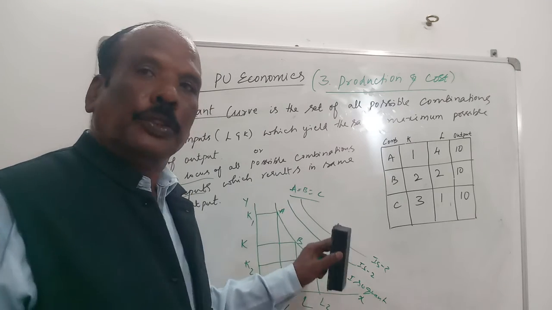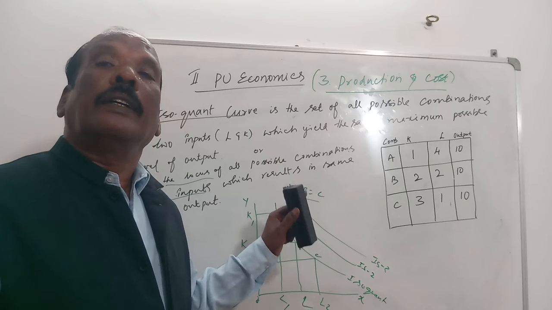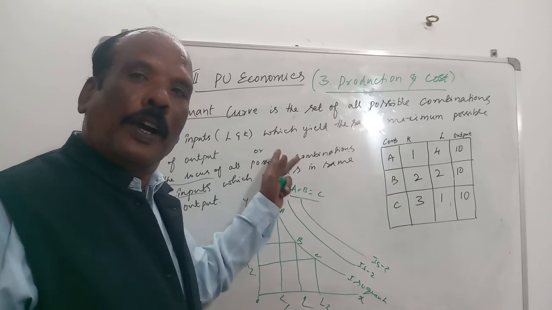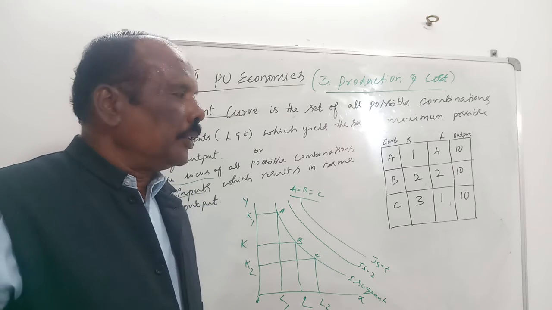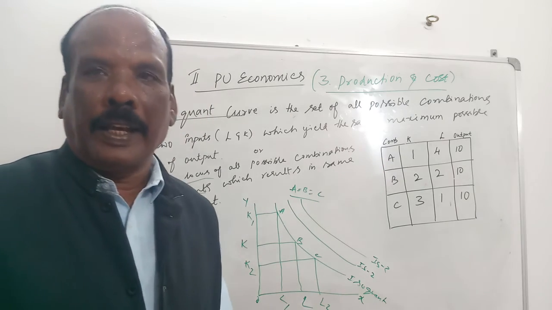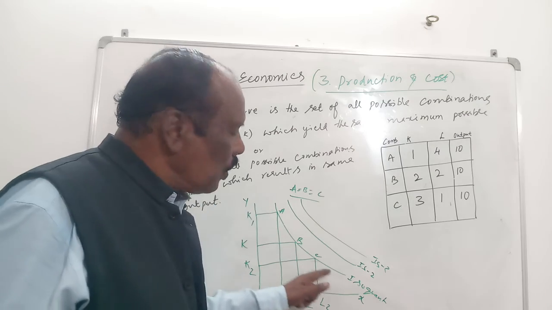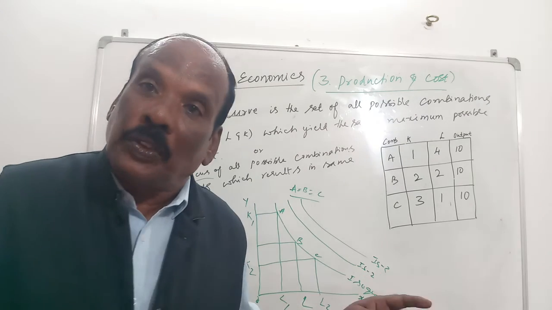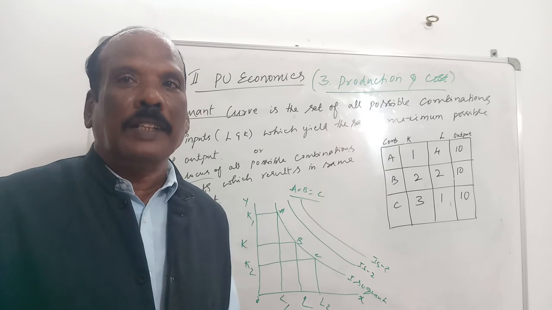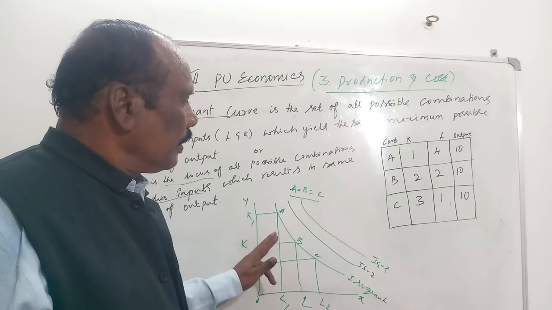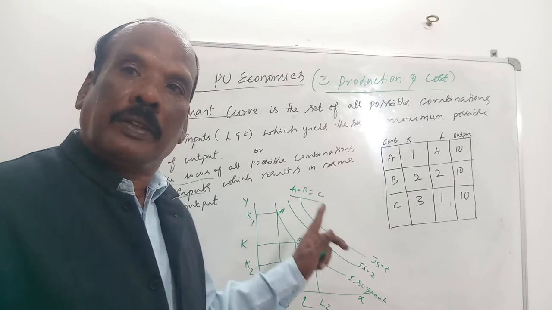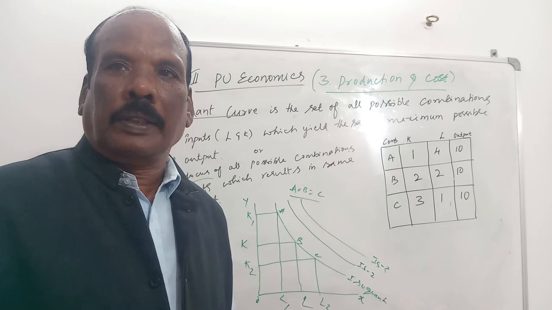and you should be very careful, and it is asked for 4 marks. You have to define what is isoquant curve, you have to write the table and draw the diagram. And this isoquant curve slopes downwards. Why it slopes downwards? Because of the inverse relations between these two inputs.